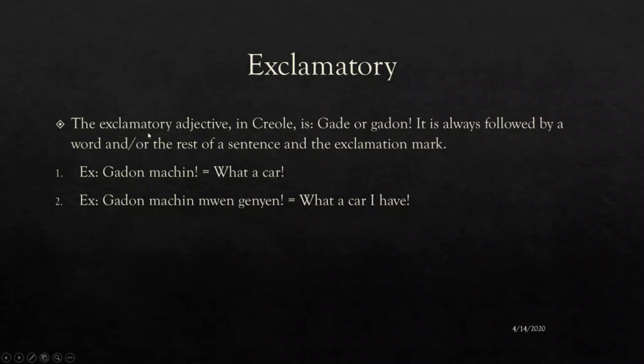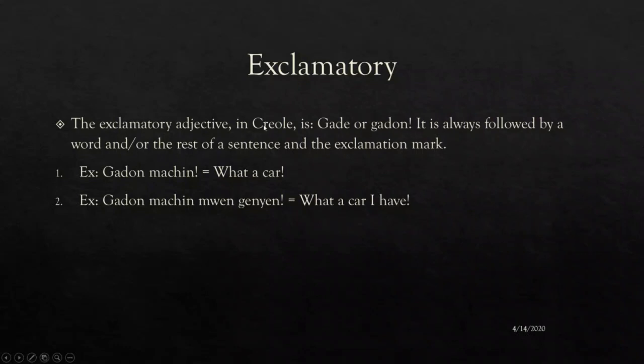The exclamatory adjective in Creole is garder or gardon, and the exclamation mark follows.